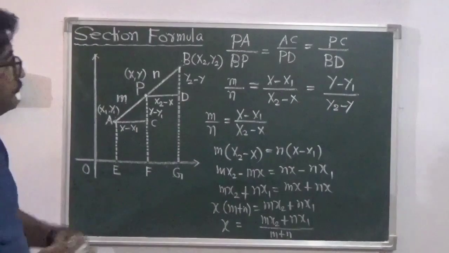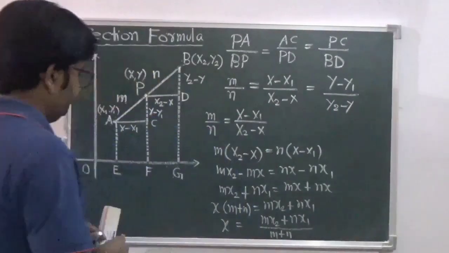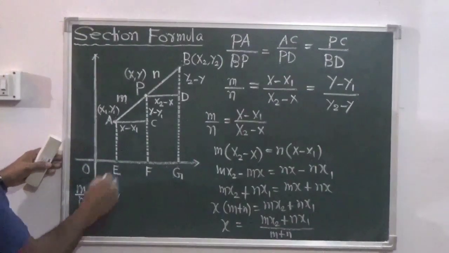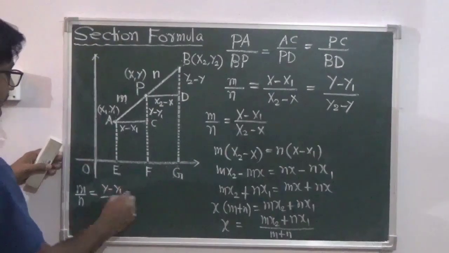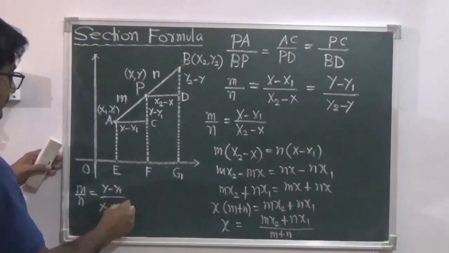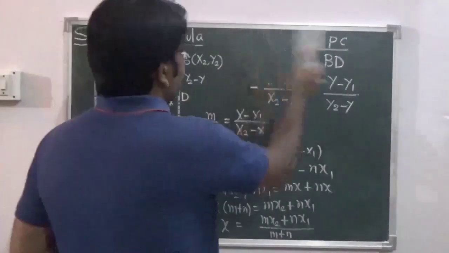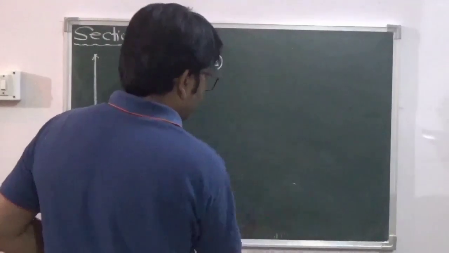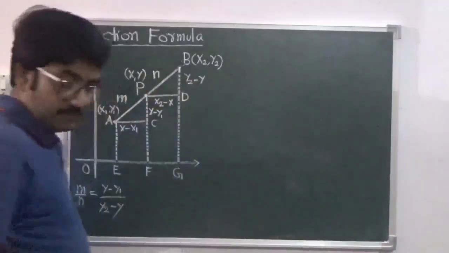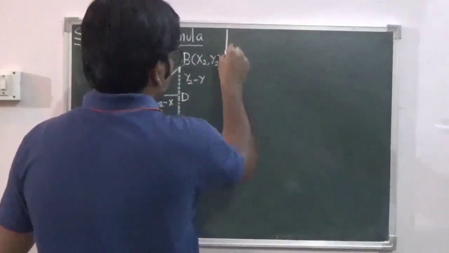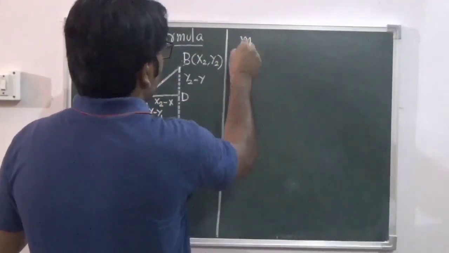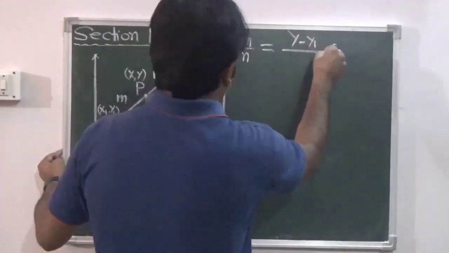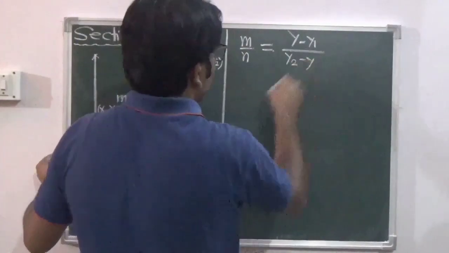So let us do it. We have m by n equals y minus y1 by y2 minus y.